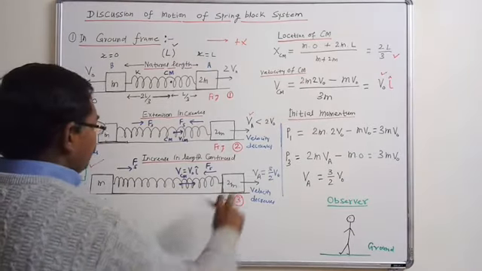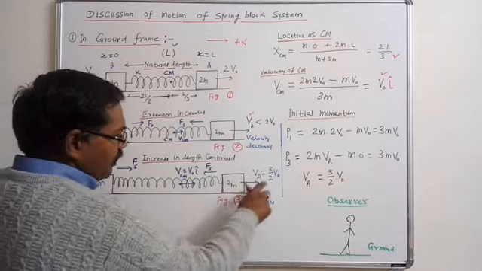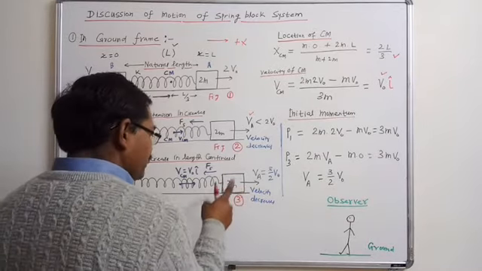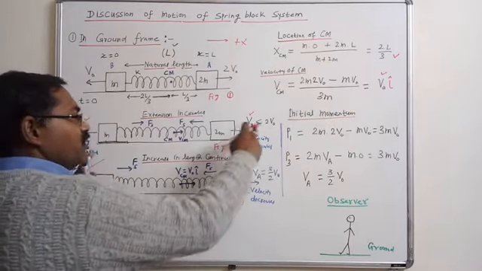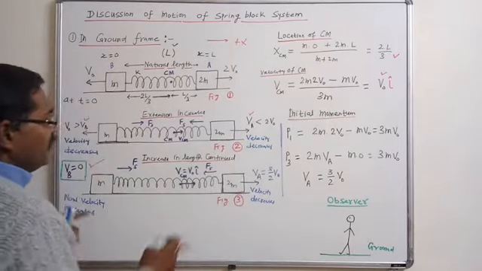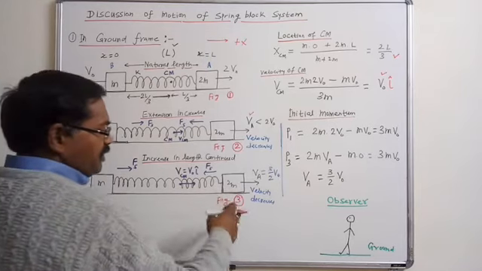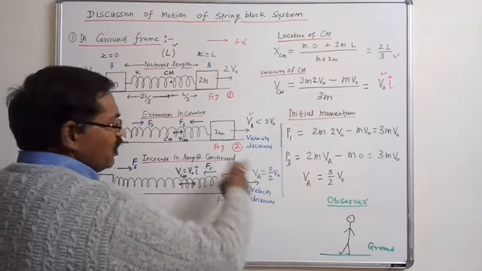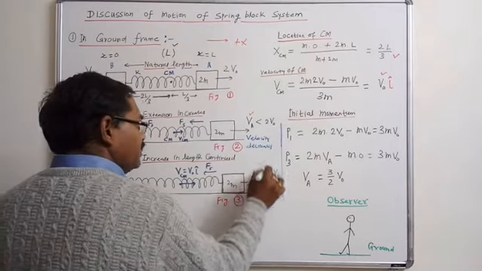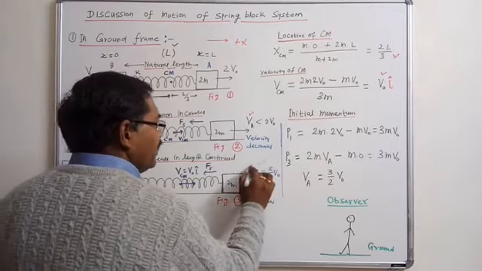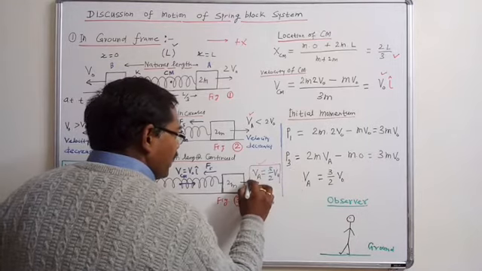In this case, this block is moving, means there is relative velocity of these two blocks. In this case also, this velocity is more, this velocity is less. Likewise, this block having mass 2m is moving forward with velocity va, that is 3 by 2 v naught. That I will show you how we can calculate it.